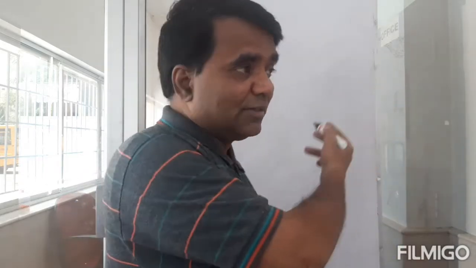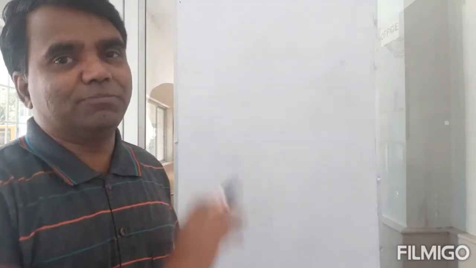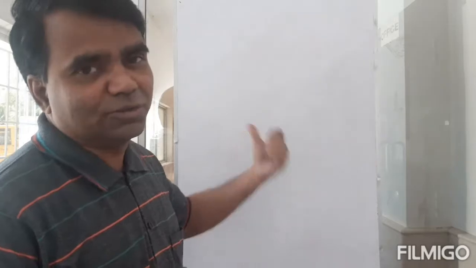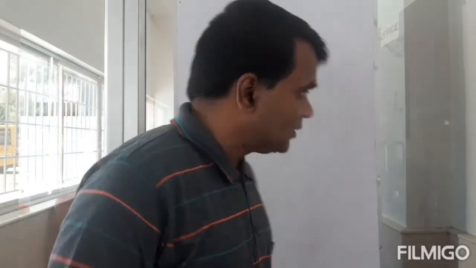So the focal length is 80 centimeters, then the answer that I arrive at must be less than 80. So this I know before I put pen to paper, or pen to the board in this case. Okay, so what is given?